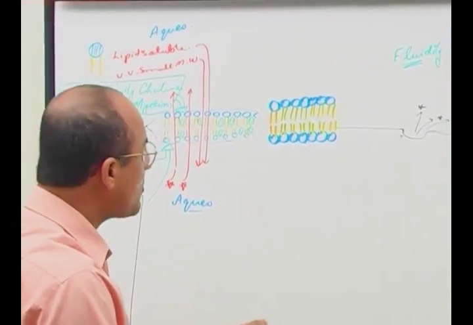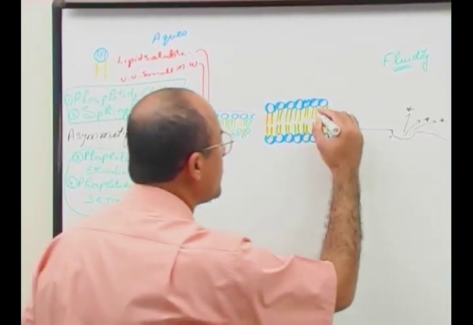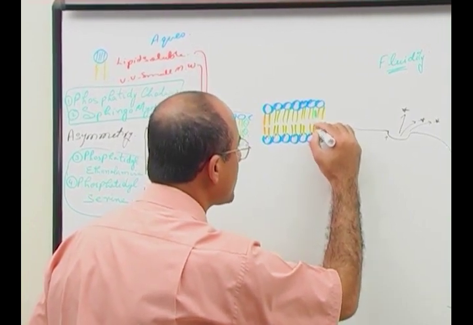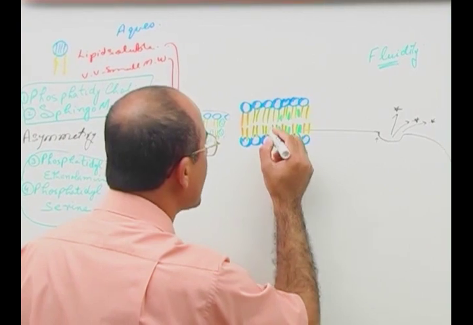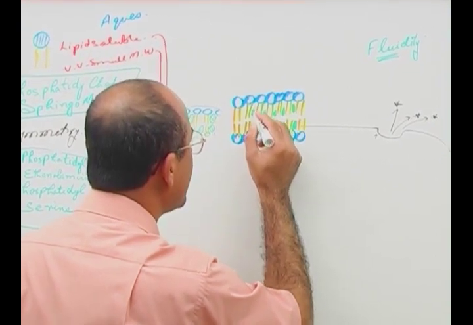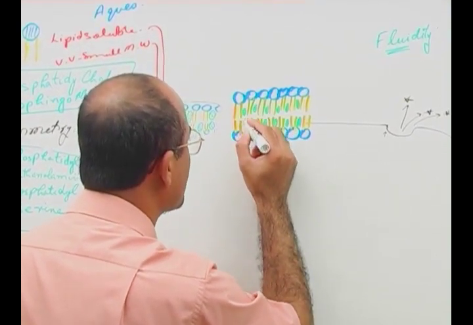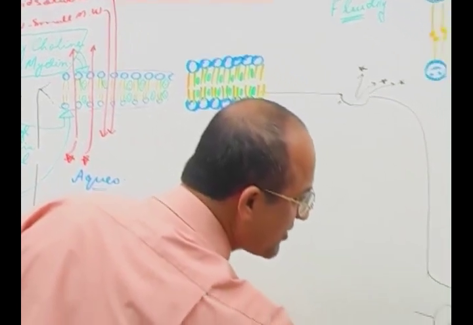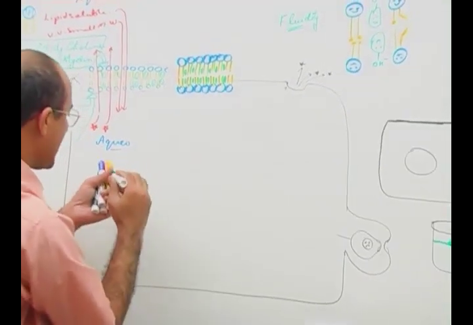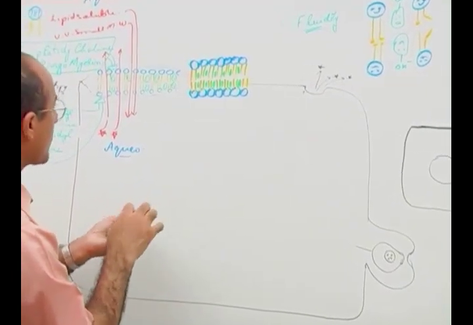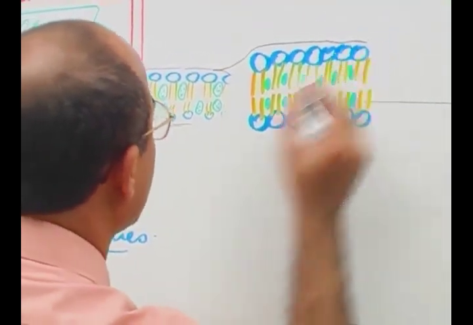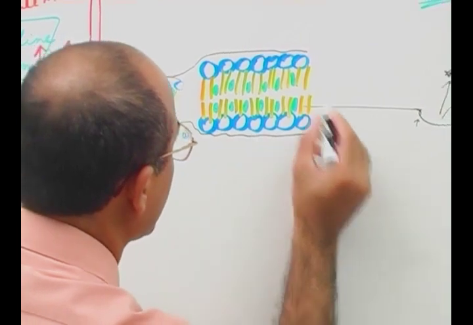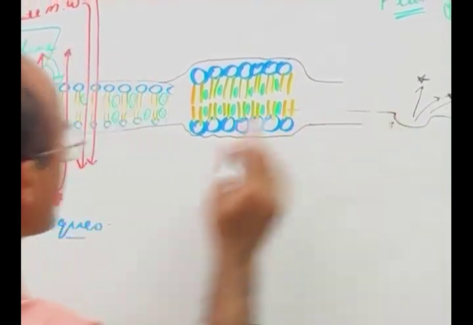And they are very tightly packed with, what is this? Cholesterol. So in some parts of the cell membrane, there are some specialized structures like the butter piece here, right? And then they become normal structure.